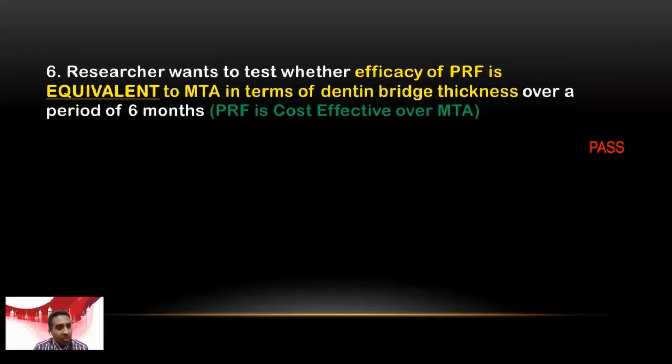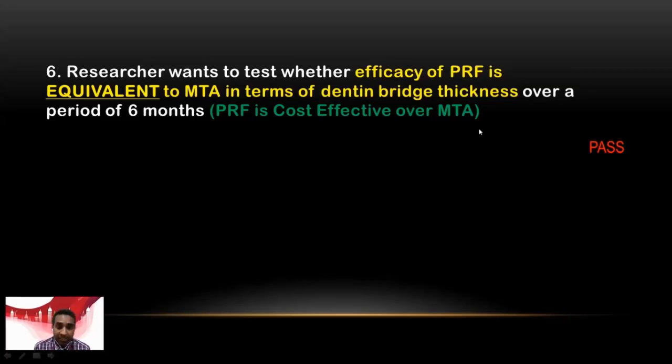Now, why does the researcher want to conduct an equivalence trial? See here, the platelet-rich fibrin is cost-effective compared to MTA. See, it's only an assumption. I'm just thinking that the researcher is thinking that PRF is easy to take from the blood sample, and we can centrifuge. Its cost is very less compared to that of MTA.